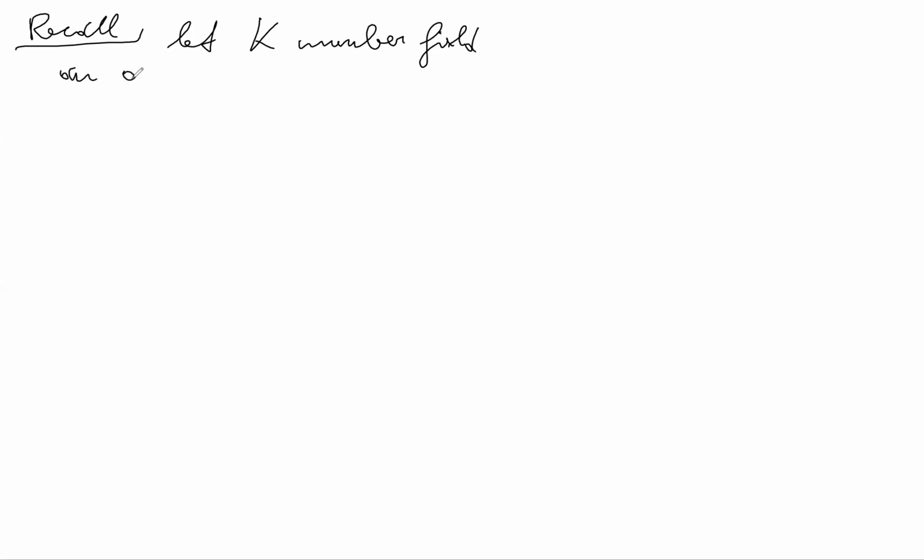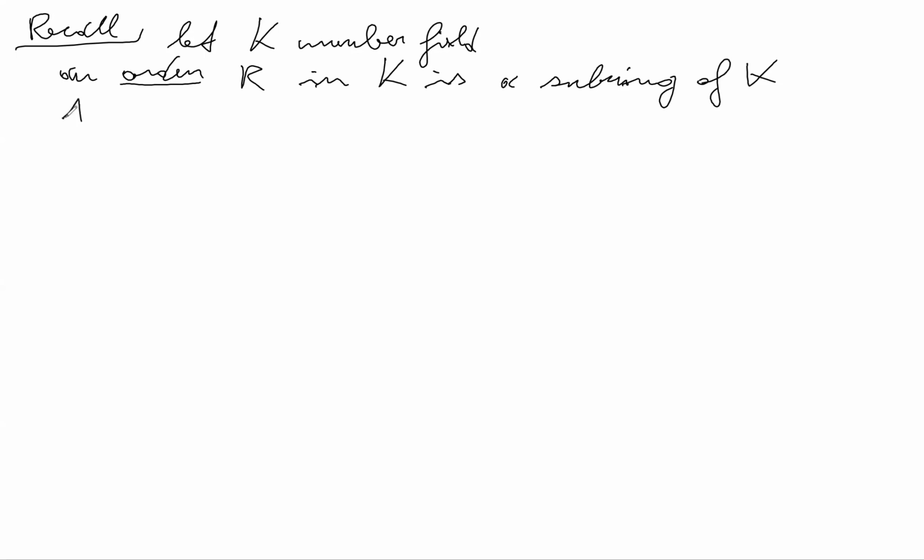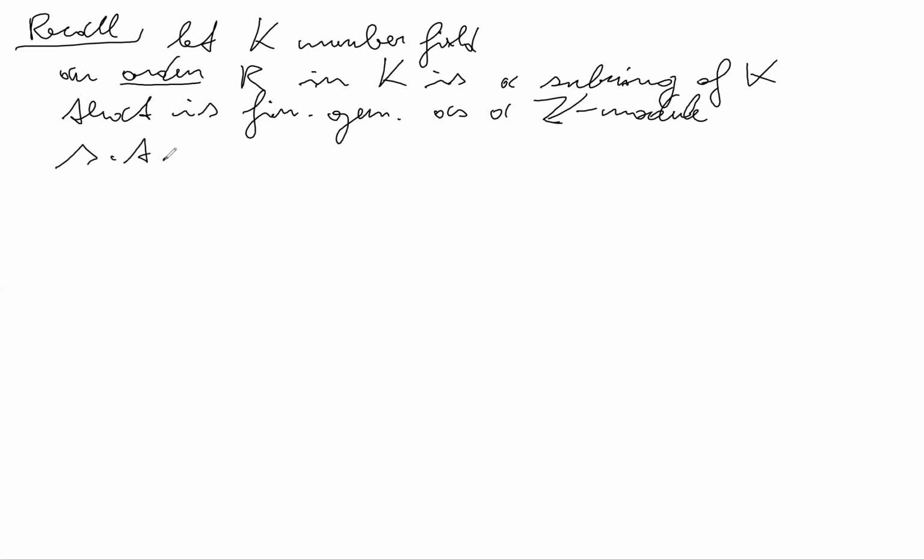Now, an order, say R, is simply a subring of K, which is finitely generated as a Z-module, such that if I tensor over Q, then I just recover my whole field K.